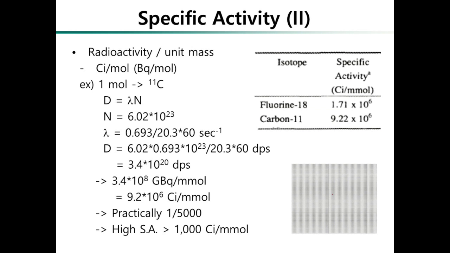This is the practical case. After the synthesis of the C-11 labeled compound, we could get, for example, one labeled molecule from 1,000 molecules, which is the practical specific activity after the synthesis.